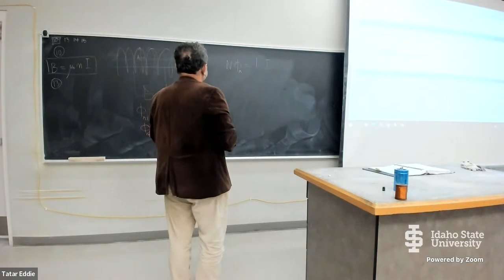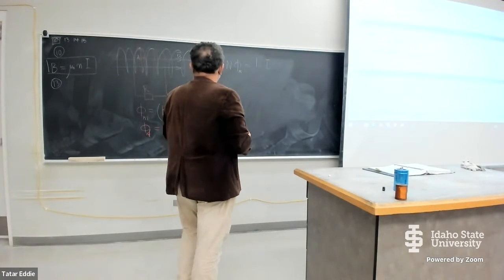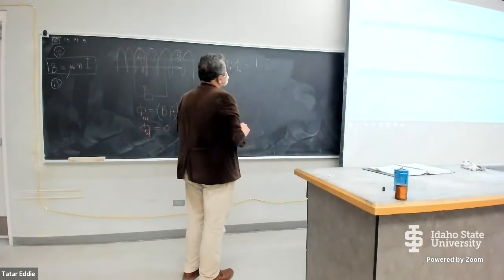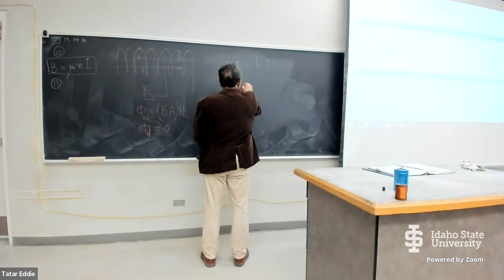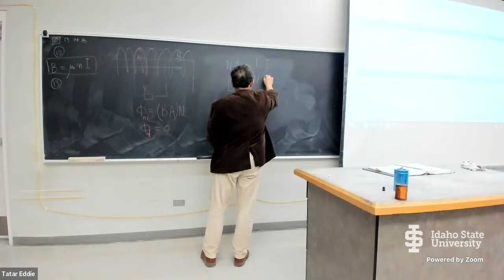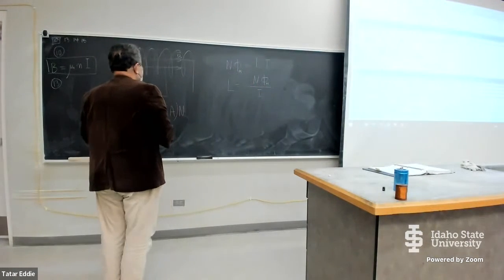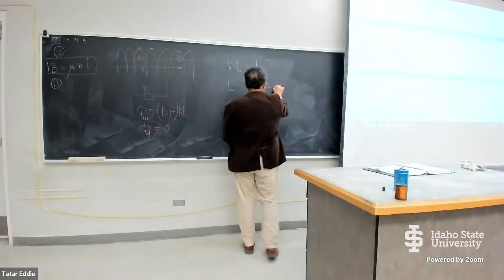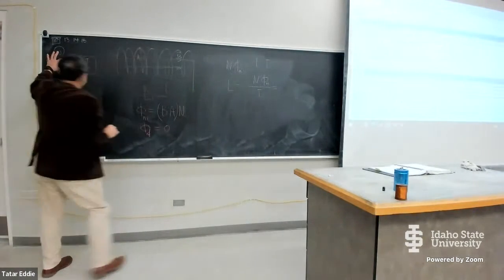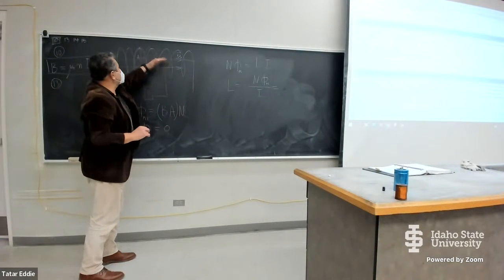Well, in this expression, from here, you can say that the inductance is the number of turns times the magnetic flux that goes through a single turn, divided by the current. But look, the magnetic field inside the solenoid has this strength, and it is in this direction.